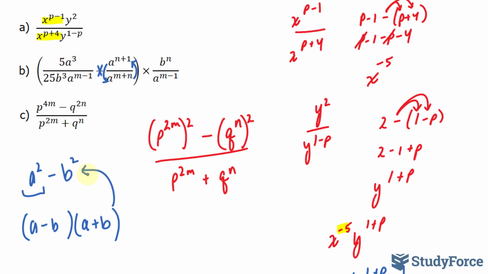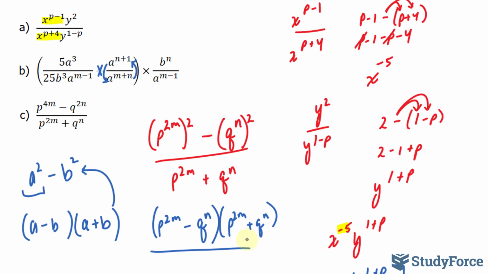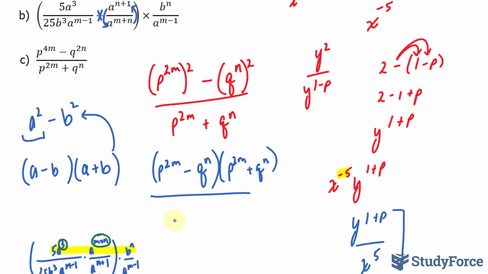The reason why this is important for us is because this is a perfect square and this is a perfect square, and they're being subtracted. So I can use this logic to break this down into two binomials. We have p to the power of 2m minus q to the power of n and p to the power of 2m plus q to the power of n over p to the power of 2m plus q to the power of n.